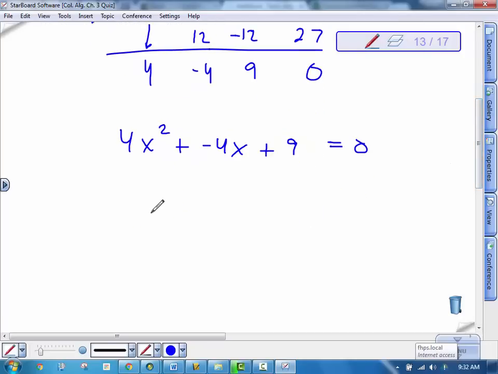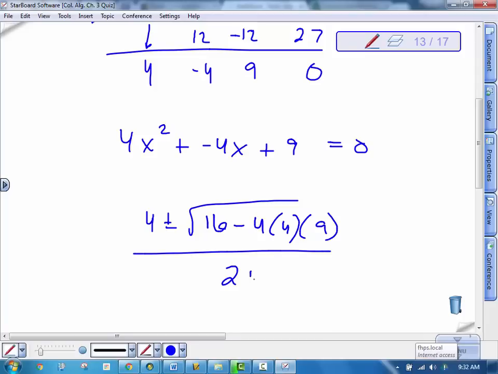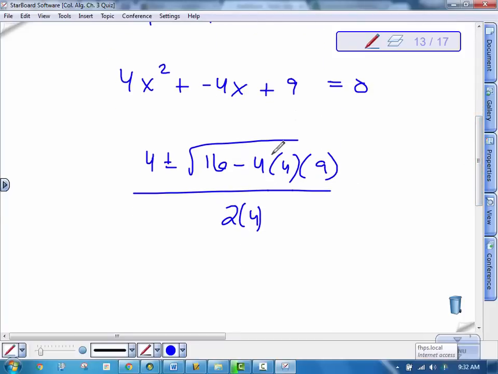So now I'm going to use the quadratic formula, opposite of b, plus or minus the square root of b squared minus 4ac all over 2a. So this turns into a negative number right here, which is negative 128. And this turns into 8.